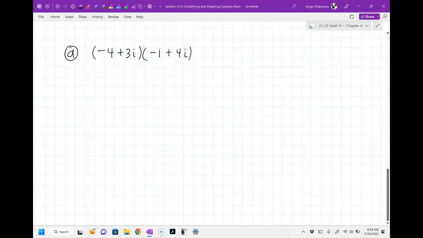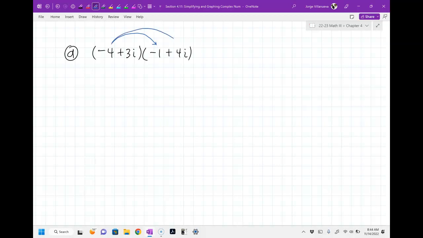Now remember, this is one of those problems where you have to distribute, right? Because it's a binomial times a binomial, so you're going to have to send information over. So let me write that down for us here. Let's multiply these first. Negative 4 times negative 1, that's positive 4. Negative 4 times a positive 4i, that's a negative 16i.